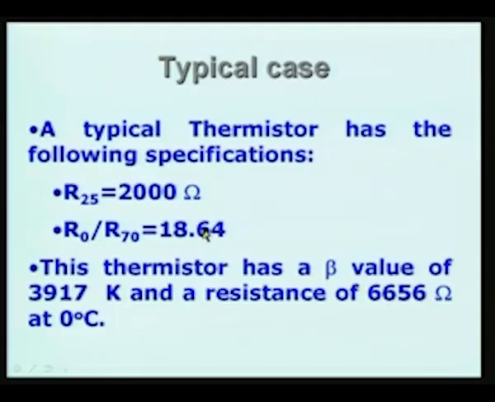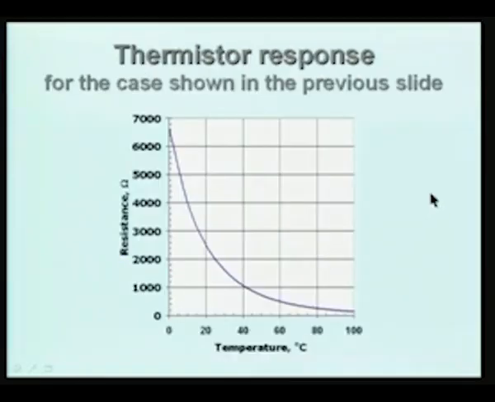Now, just compare this with what happened in the case of a PRT. In the case of PRT, between 0 degrees and 100 degrees, the variation was roughly a factor of 1.5, whereas here the factor is 18.64 between 0 degrees and 70 degrees, which means that the variation of resistance is very rapid, and in fact, you can see in the next sketch how rapidly it is going to reduce.